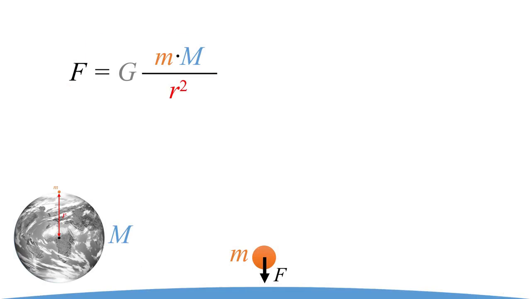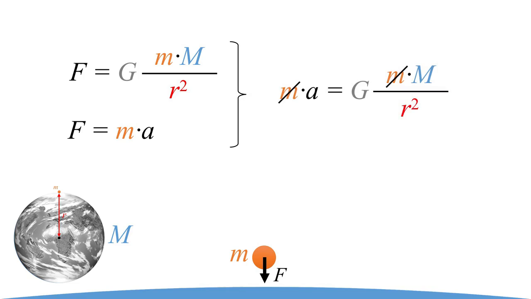How? Well, first let's rewrite Newton's law, where we assume that capital M is the mass of the Earth and lowercase m is our test mass. We know that any force can be expressed as the product of mass times acceleration, and we see that we can divide the equation by the test mass on both sides, and we get an expression for acceleration.